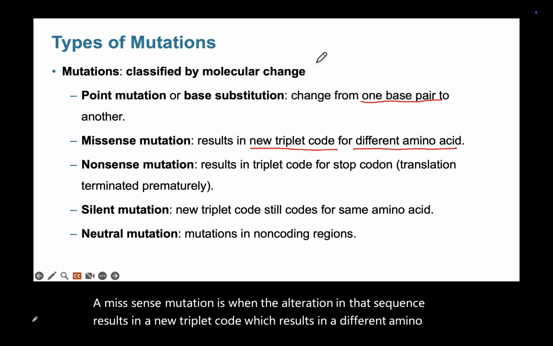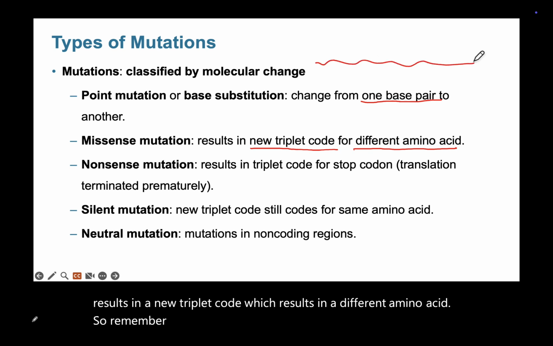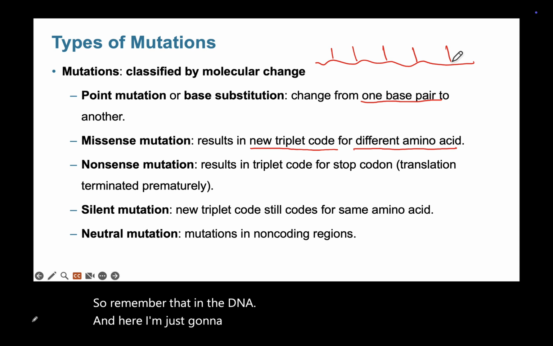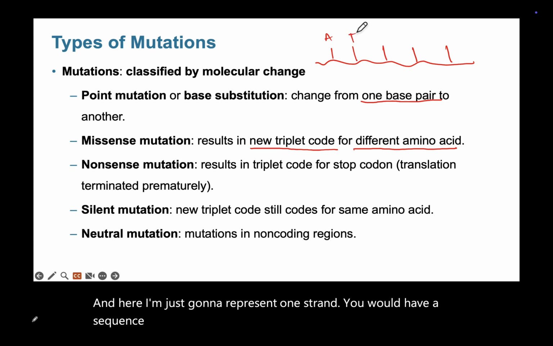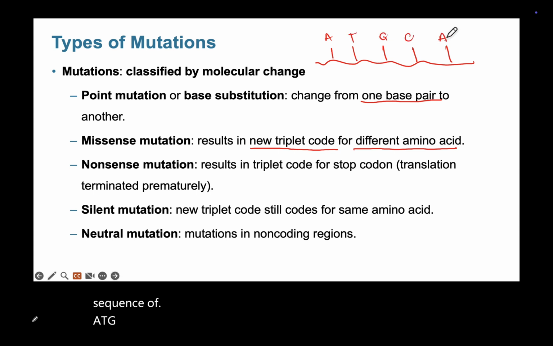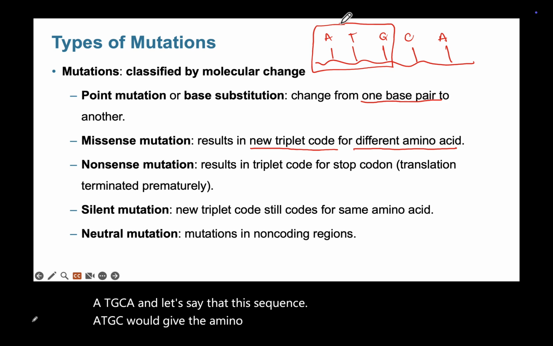So remember that in the DNA, and here I'm just going to represent one strand, you would have a sequence of A, T, G, C, A. And let's say that the sequence A, T, G, C would give the amino acid, let's call that amino acid X.